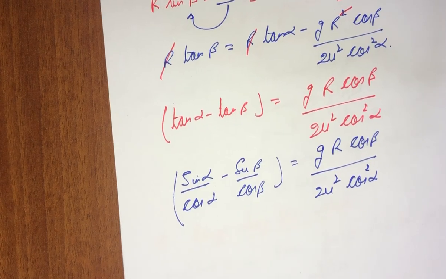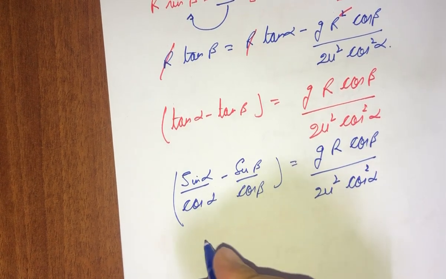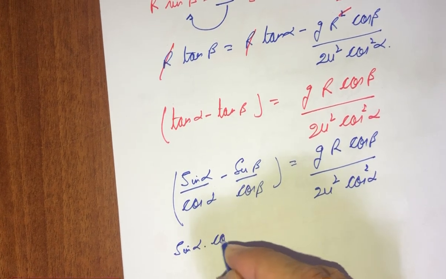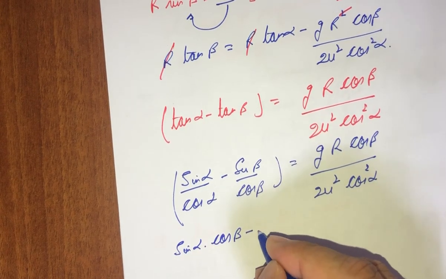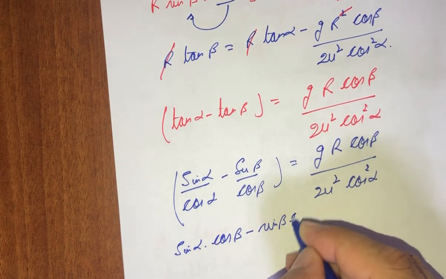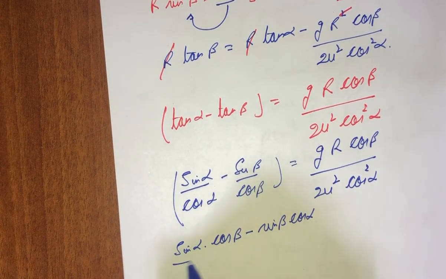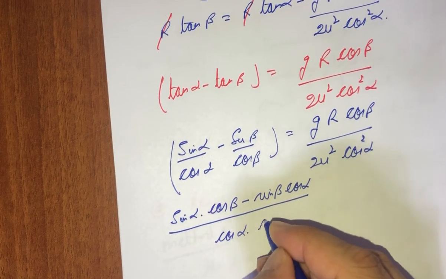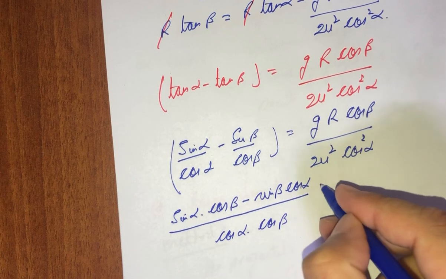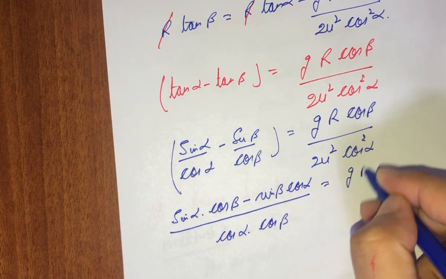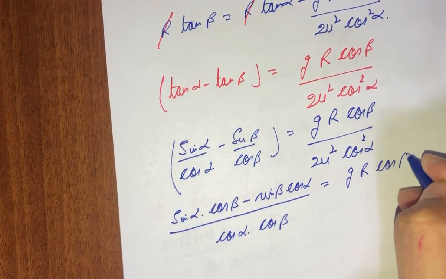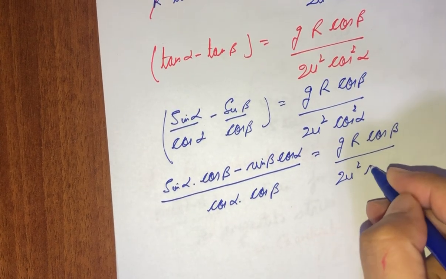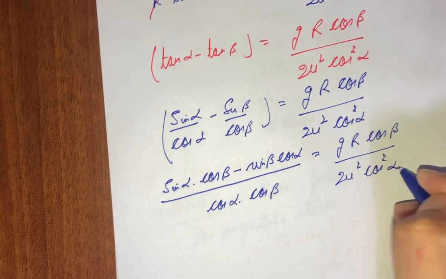Taking LCM on the left side, we can write this as sin alpha cos beta minus sin beta cos alpha divided by cos alpha cos beta equals g r cos beta divided by 2u square cos square alpha.